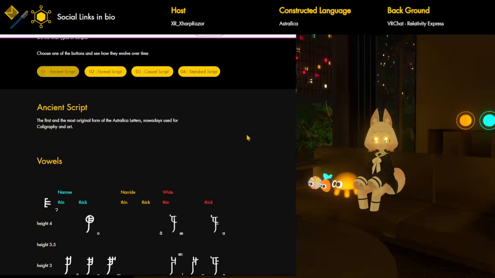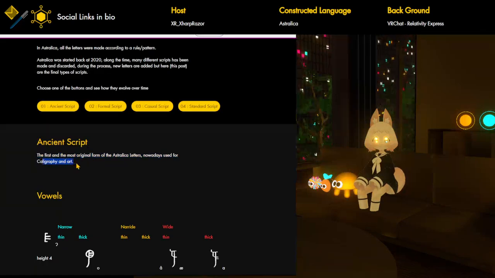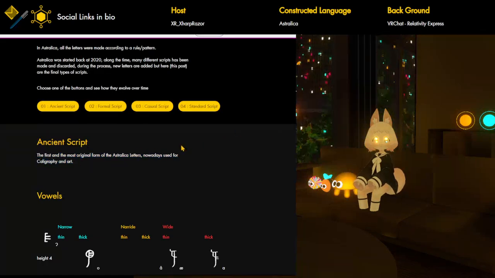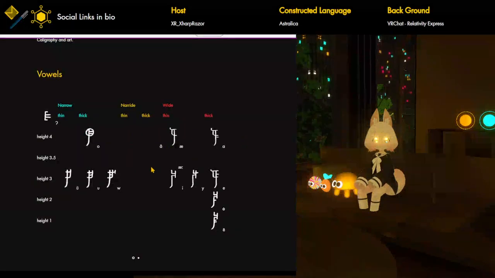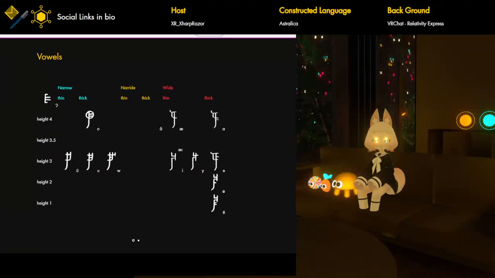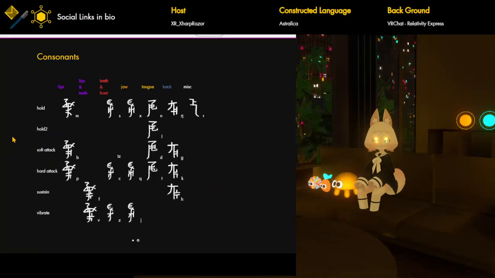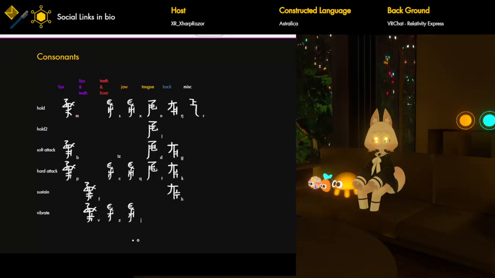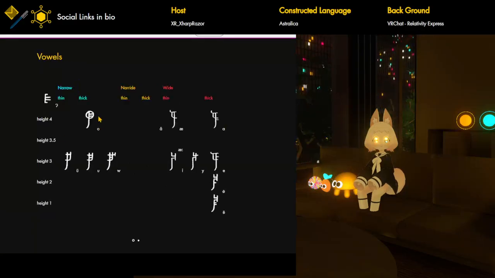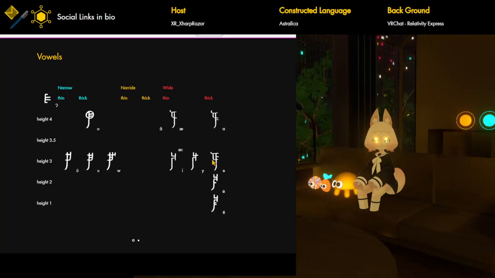The ancient script over here is the very first version of the Astralica script, and yep, they do look a little bit old, but that's why it's called ancient. Over here we have the vowels, and over here we have our consonants as well. And as you can see, if they sound alike, they look alike.